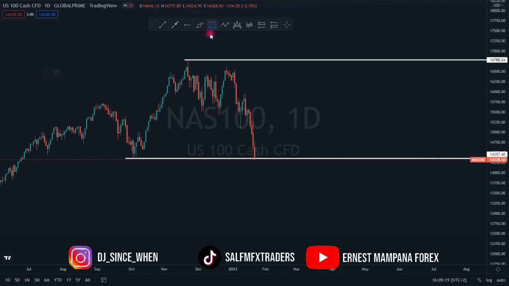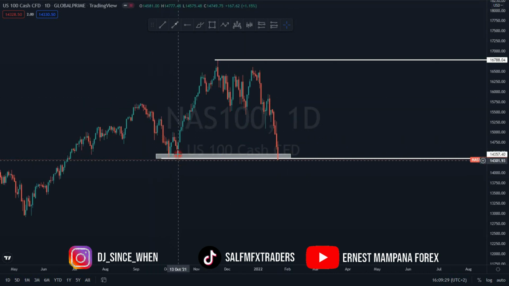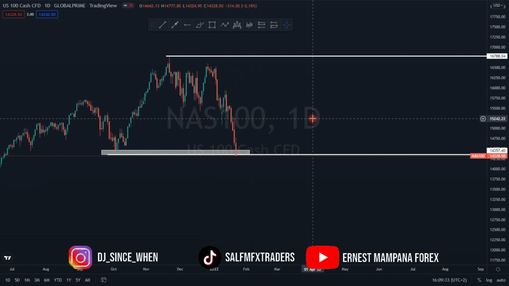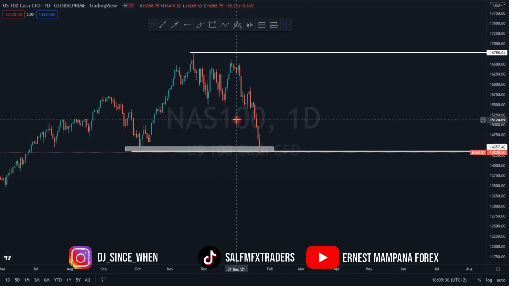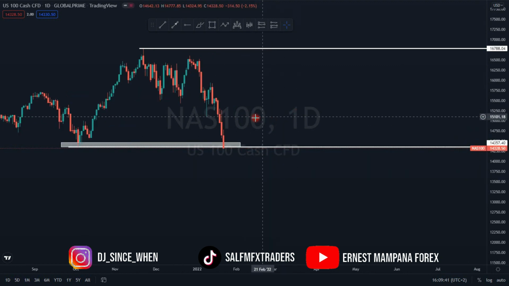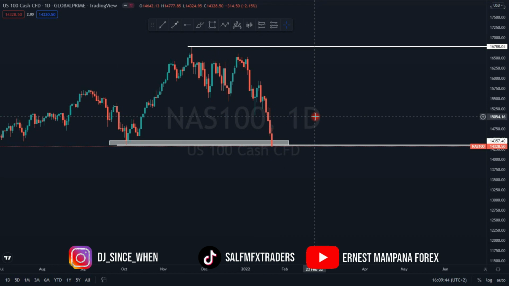Well, on the other hand, this could be a very serious support where we are now expecting more buyers to come into the market. As we can see right there, the market is at a zone where it once failed, but at this point right here, we are not even 100% sure that it's going to fail, because the manner in which it approached this zone is not confirming that it's going to fail.